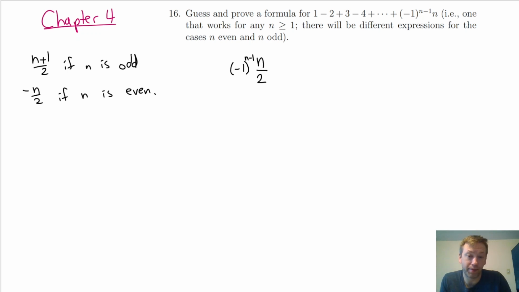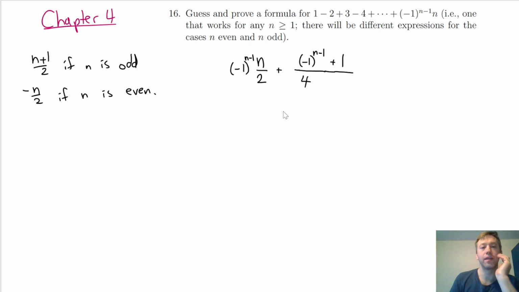Now, frankly, it's not that obvious how to do this, but if you think about it and kind of try to reverse engineer it, like, what are we going to get here? Right.